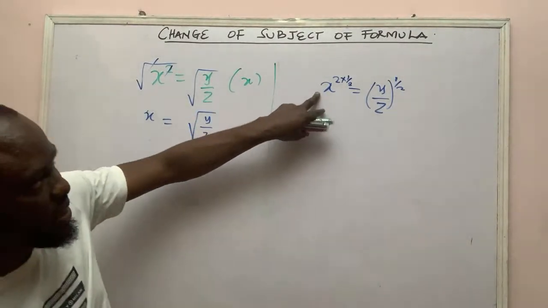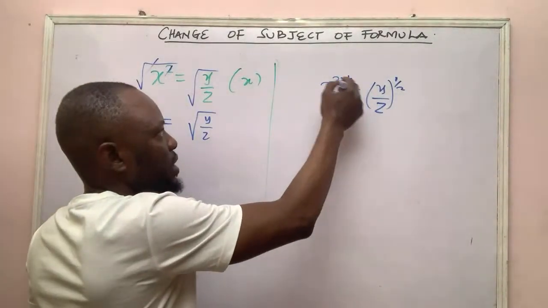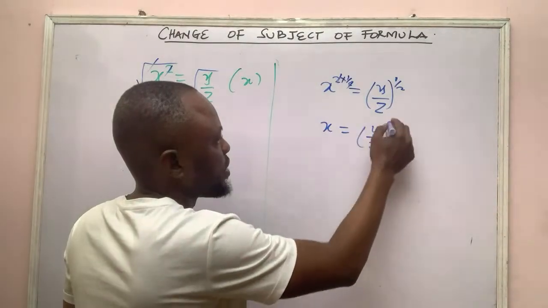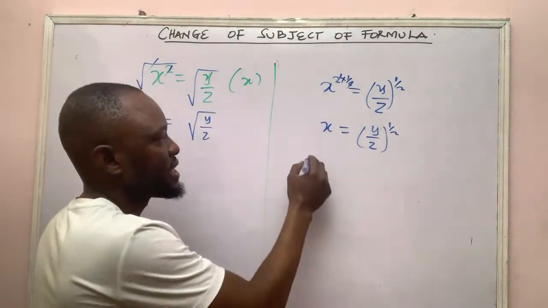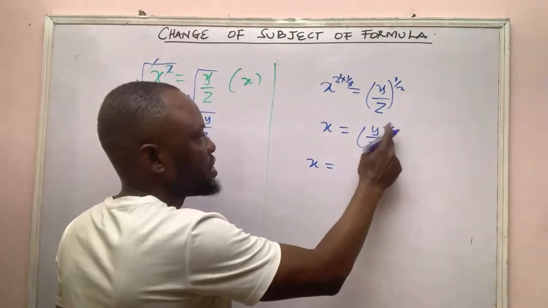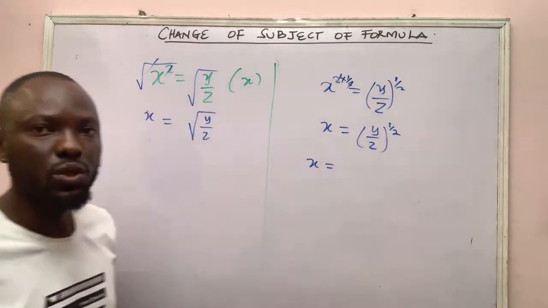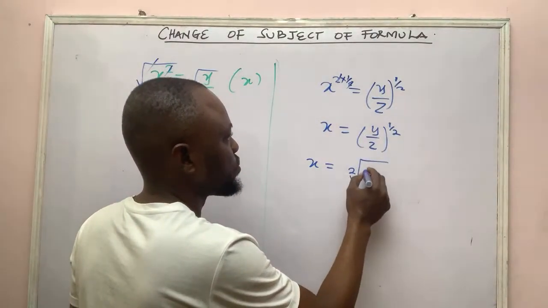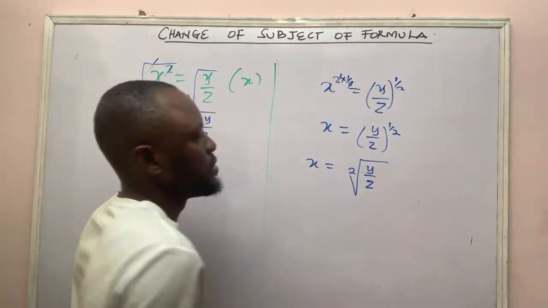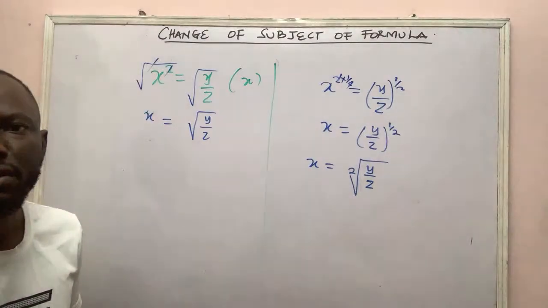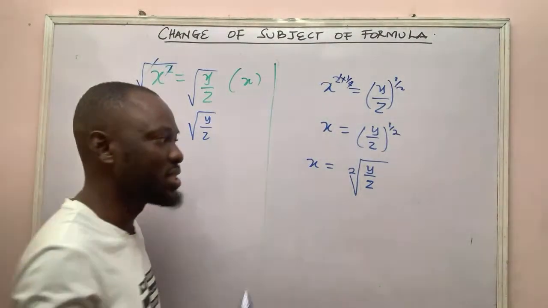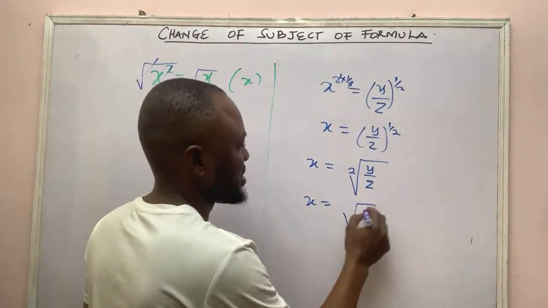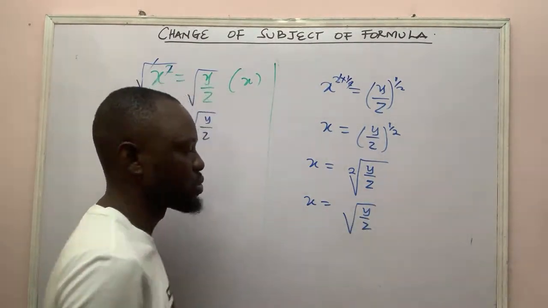This power will cancel this power as well, so x will be y over z raised to the power 1/2. In this case, my fractional denominator becomes the root of the base, so it becomes the second root of y over z. But I don't need to put 2 here because square root is actually the 2 roots, but we can leave our answer as the square root of y over z.